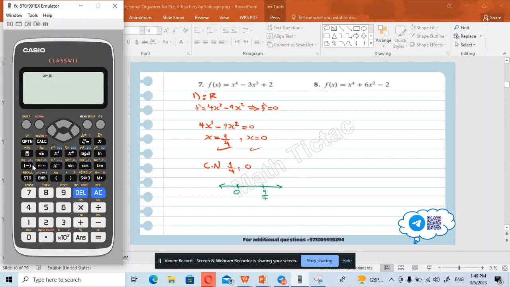So this is 4 alpha x cubed minus 9 times alpha x squared. Okay, so this is my derivative.